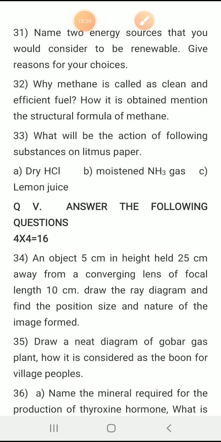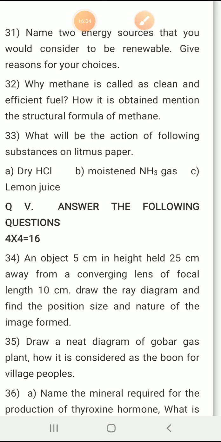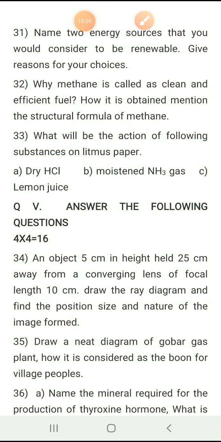Okay, if possible, you can write 2, 3 points on that. And then the structural formula of methane: just now I told you, the molecular formula of methane is CH4 and the structural formula is C along with 4 single bonds, with a hydrogen attached to each. Okay, methane is also a hydrocarbon, right? So these are actually 1 mark, 3 questions, summed up together, and you can easily answer these questions, right?